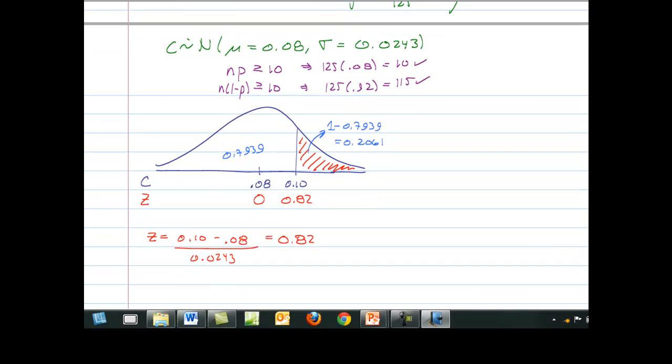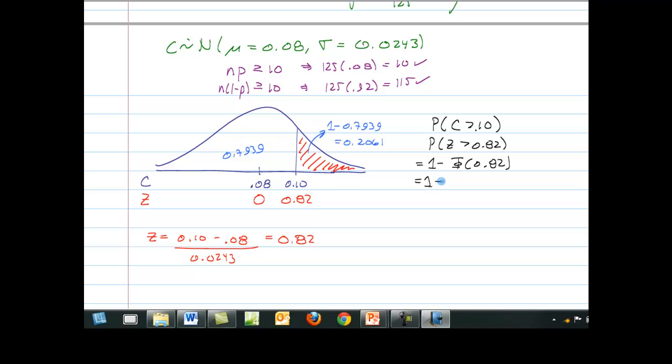Now in terms of writing this in probability statements, we're talking about the probability that the proportion of colorblind people in this particular population is greater than 10%. So we can use 0.10 to represent that. When I standardize it, it becomes z greater than 0.82, because that's about 0.82 standard deviations above the mean. Looking up on my table, that's 1 minus phi of 0.82.